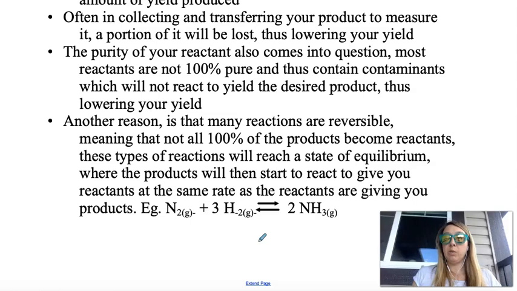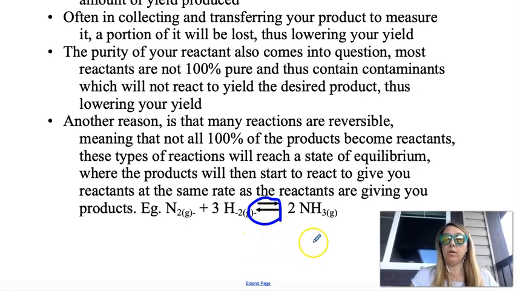But if we have a double-headed arrow like you have in this one here, that's not true. Not all of this gets converted into this. Only some of these reactants get converted into products. When you get into Chem 30, if you're taking that next year, you'll see that we look at how you calculate that, and it's quite different. It's not going to be a stoich calculation because stoich assumes that a reaction goes to completion.